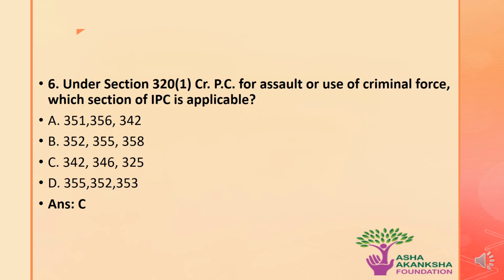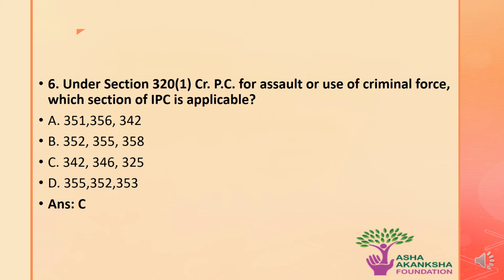Let's move on to the next question, that is, under Section 320 subsection 1 CrPC for assault or use of criminal force, which section of the IPC is applicable? The options are A. Section 351, 356 and 342, B. Section 352, 355 and 358, C. Section 342, 346 and 325, or option D, that is 355, 352 and 353.